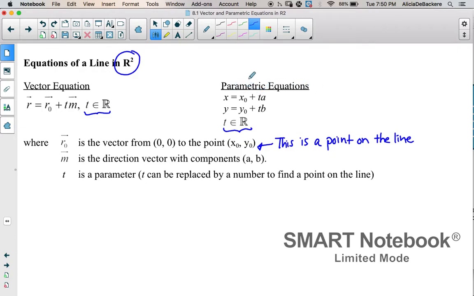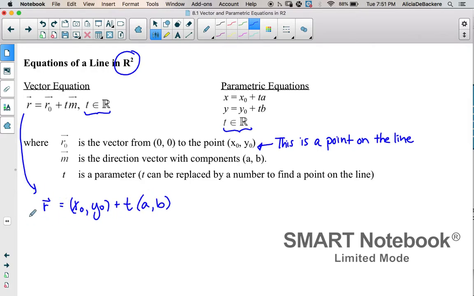Another way that we can define equations is by using the parametric. And what that means is just taking this guy and separating out the x and the y coordinates. So remember from this right here, what I would get is that r is equal to r naught, which is x naught, y naught, plus t times my direction vector, which is a comma b.